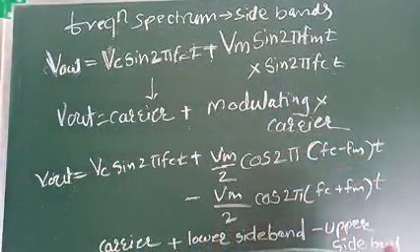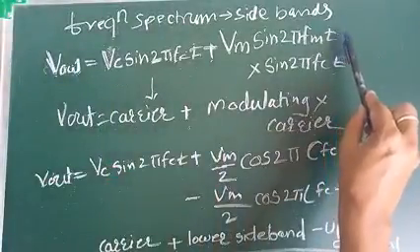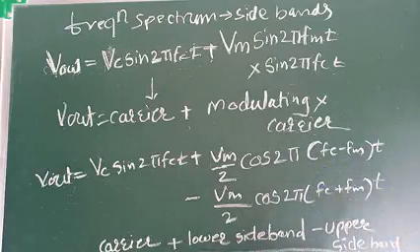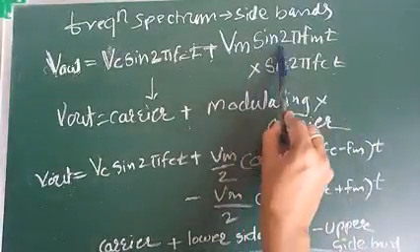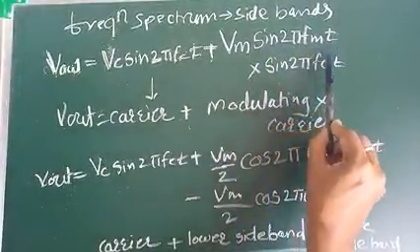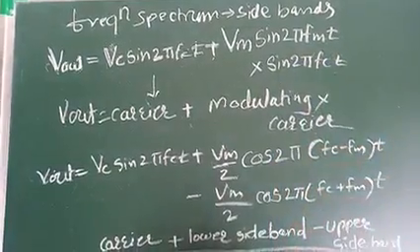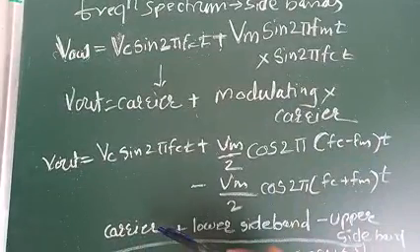Now I am going to convert this equation into a new form. See carefully, Vm sine 2 pi fmt into sine 2 pi fct is nothing but the equation like this.